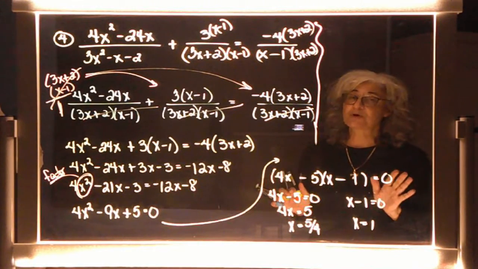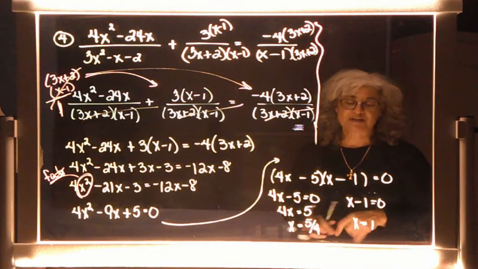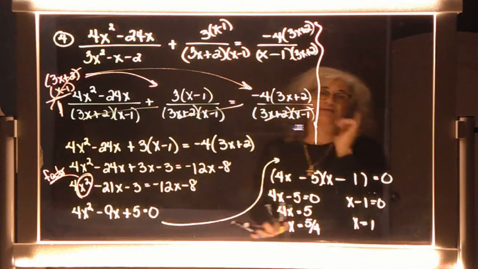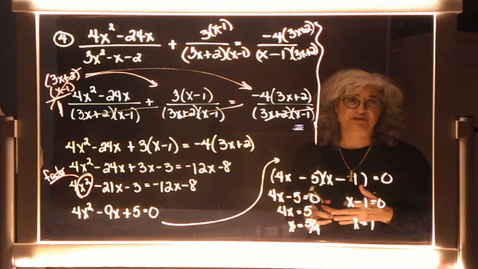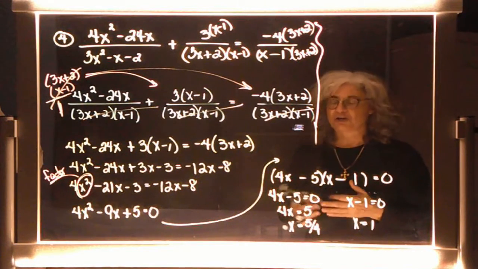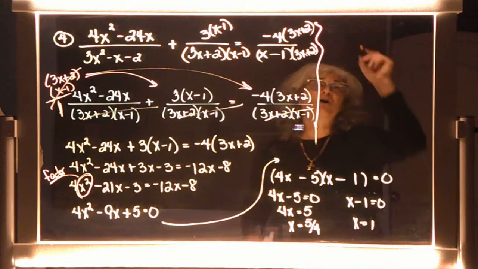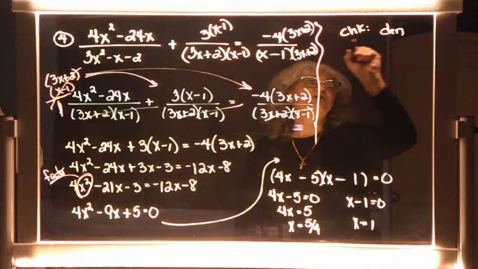Okay, are we done with this problem? Nope, we're going to have to check these answers in the denominators to make certain that none of my denominators end up as 0, correct? Okay, so recall, we're checking the denominators.